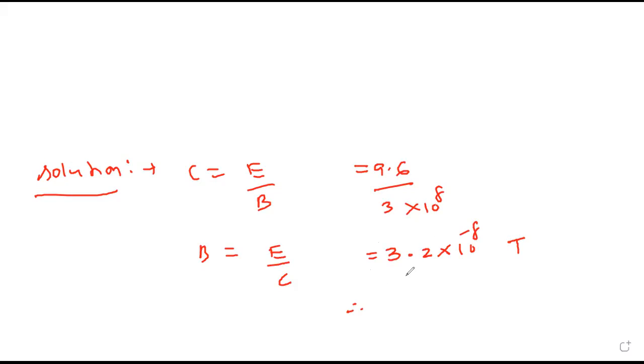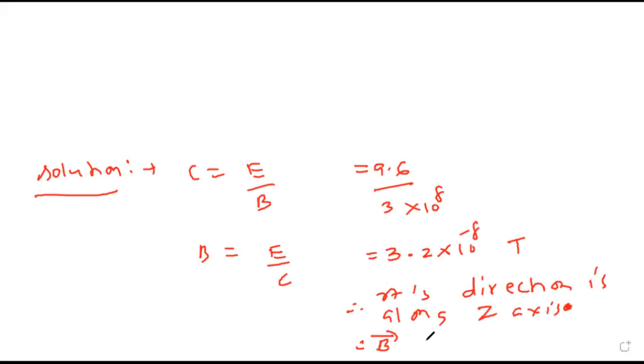Its direction is perpendicular to both x and y, so its direction is along z-axis. Therefore B bar will be in magnitude 3.2 into 10 raised to minus 8 k cap Tesla. Copy this.